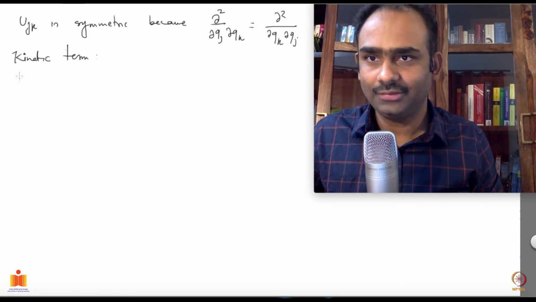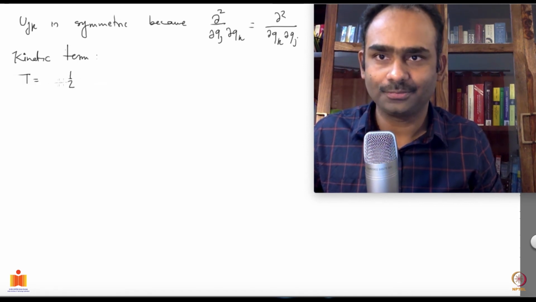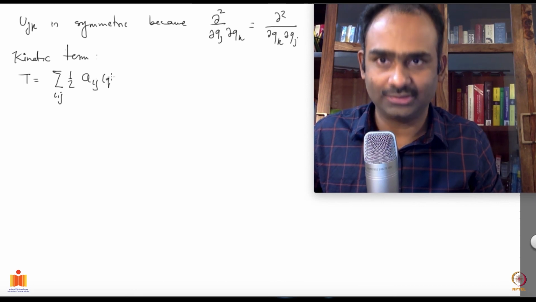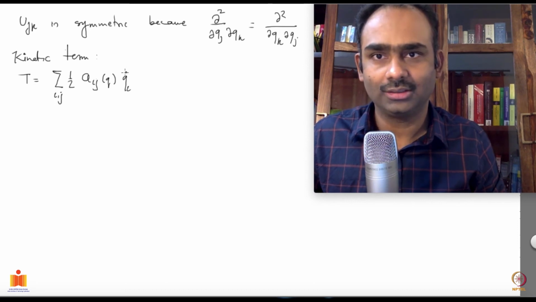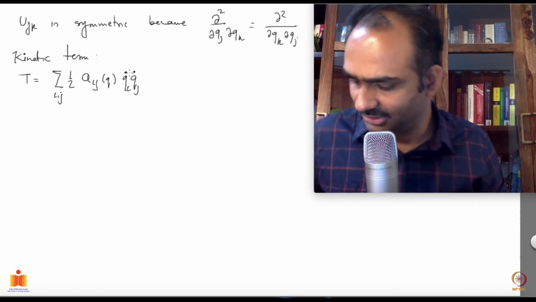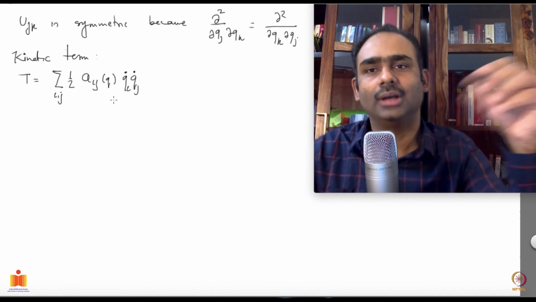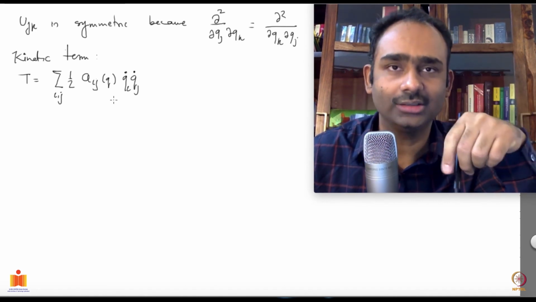And what did we have? We had T equals half, and a summation over i and j of A_ij, which depends on the Q's in general, times Q_i dot, Q_j dot. That's the form for a natural system, as we said. Now I'm going to again do a Taylor expansion around the origin, where your system is in equilibrium.